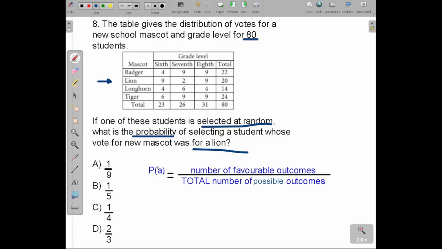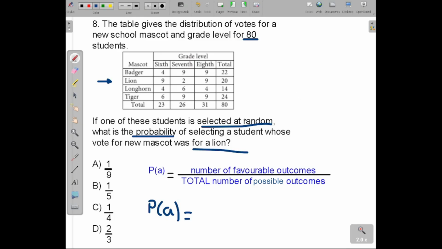For that, we have this basic probability formula, which is the probability of an event is equal to the number of favorable outcomes divided by the total number of possible outcomes.